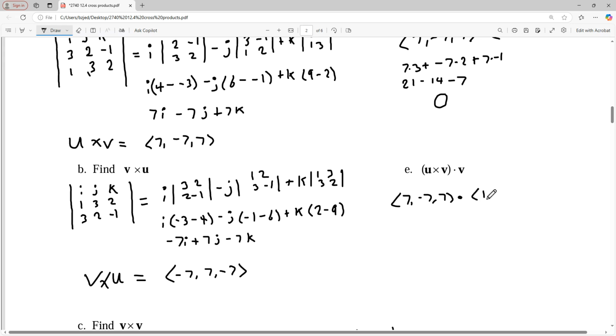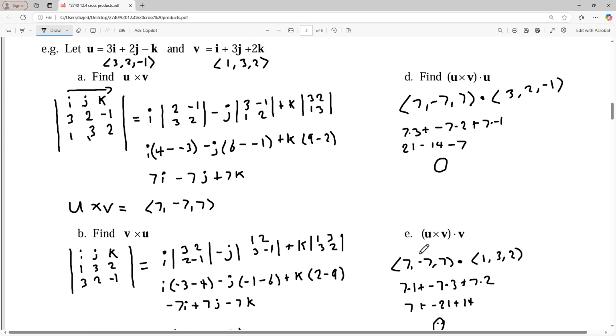As I dot this, I'll get 7 times 1, plus -7 times 3, plus 7 times 2. 7 times 1 is 7, -7 times 3 is -21, plus 7 times 2 is 14. Wait, the whole thing is 0 again.